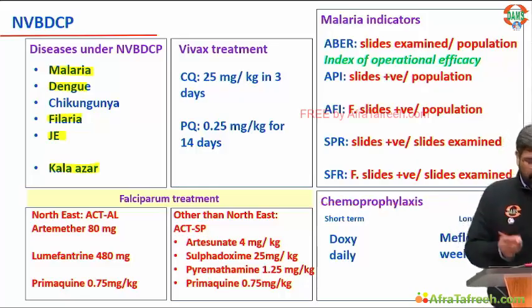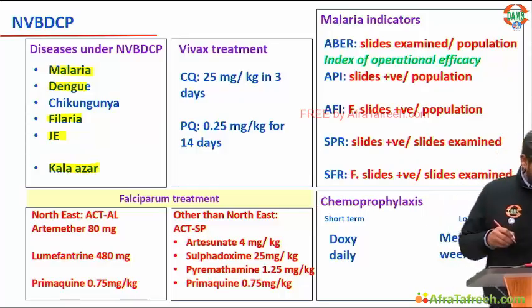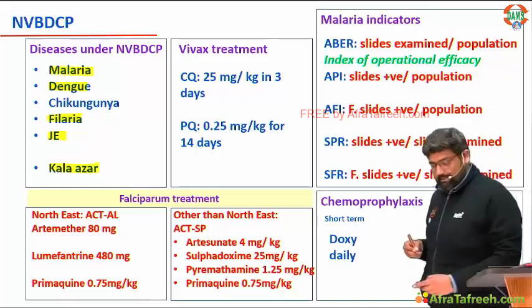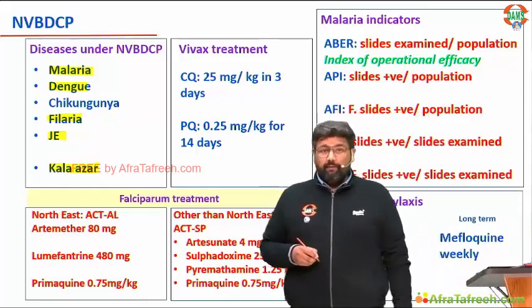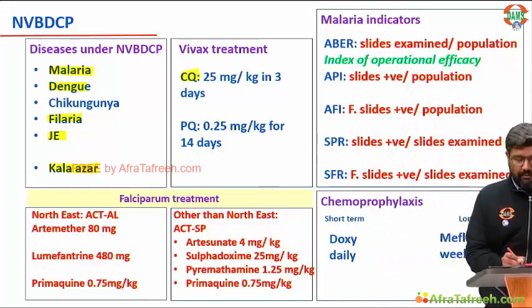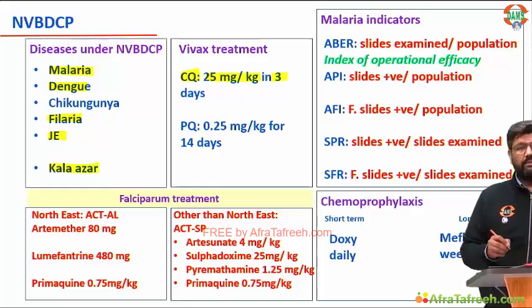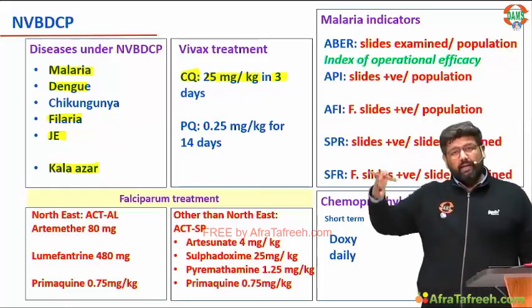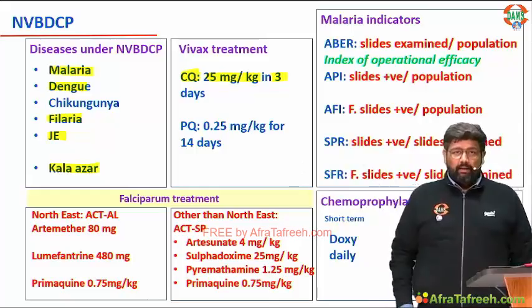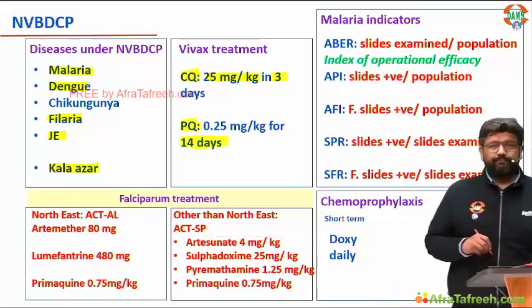Among all of them, the vector is a mosquito except Kala Azar, which is by sandfly. Then for Plasmodium vivax treatment, chloroquine is given 25 mg per kg in 3 divided doses. First day 10, 10, 5, right? And along with that, primaquine is given for 14 days.